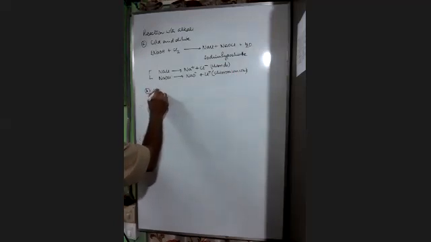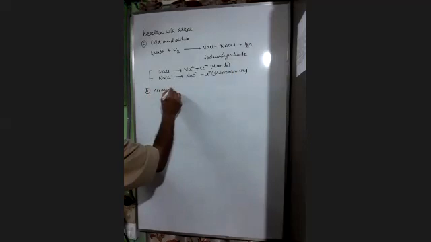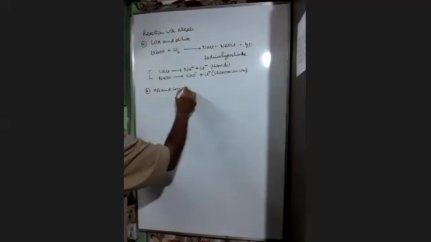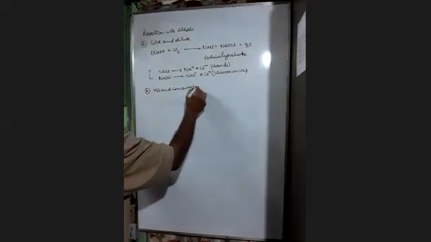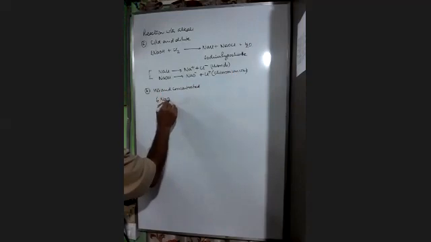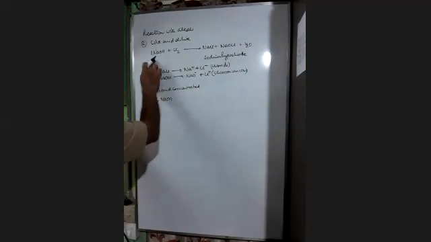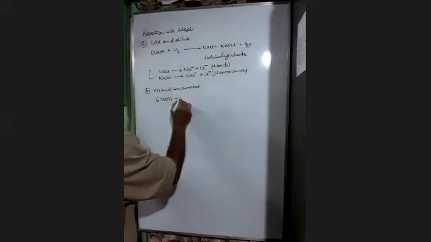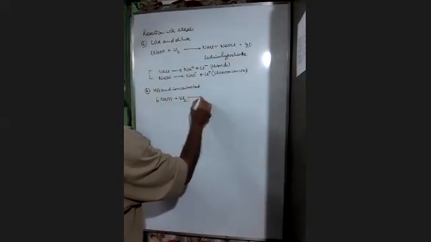Okay, now B. Hot and concentrated. See here, this is 6NaOH. Concentrated means more, here it is dilute means less. Plus 3Cl2.